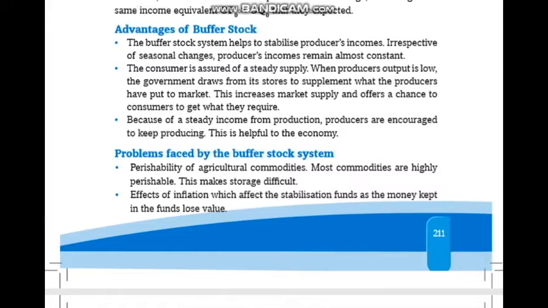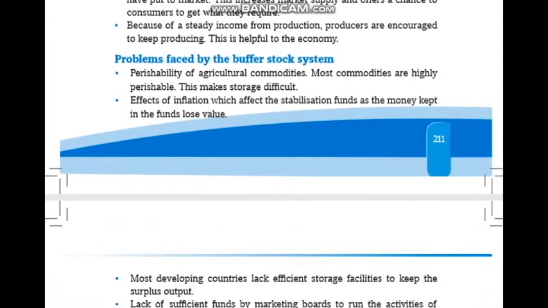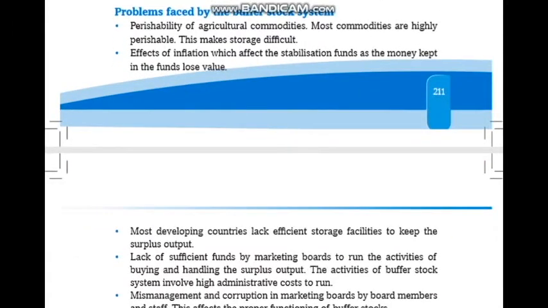Problems faced by the buffer stock system. There is perishability of agricultural commodities. Most commodities are highly perishable. This makes storage difficult.